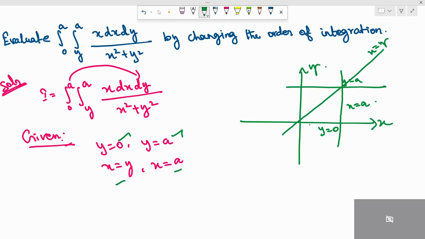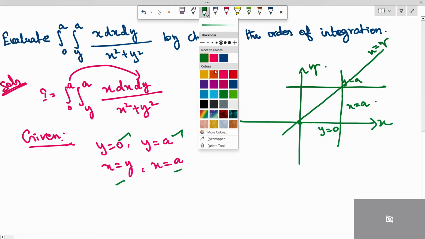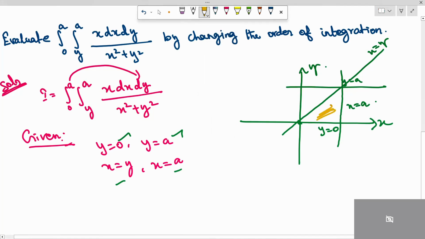Okay, after getting this diagram, we have to mark the bounded area. Here all the three sides are closed in the lower triangle only. This one is the x is equal to y line, the x is equal to a line, and the y is equal to 0 line. Now we have to mark our bounded area, this one.